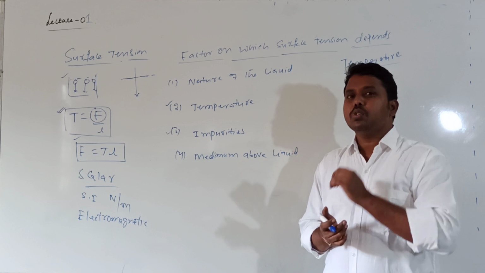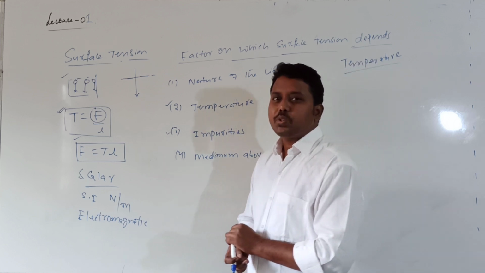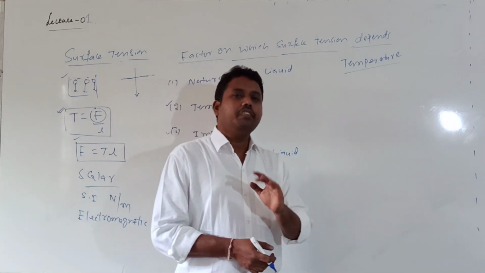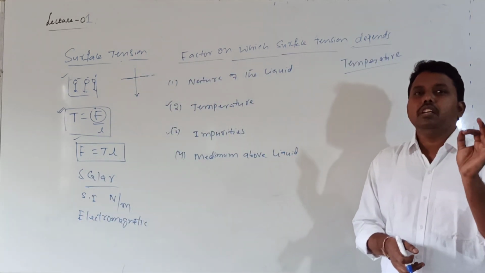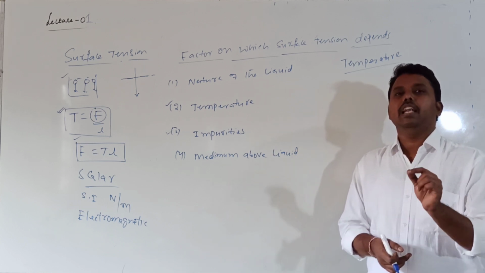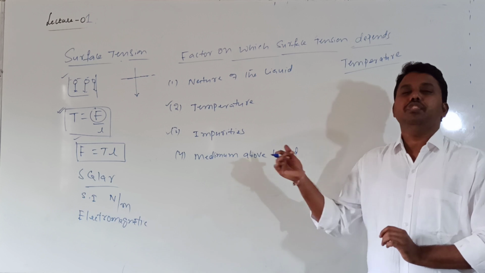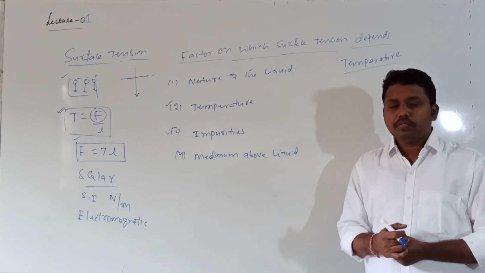Which one obeys the inverse square law? Newton's law of gravitation. Gravitational force obeys the inverse square law. But the surface tension force does not depend upon the inverse square law. Are you getting that? So it is an electromagnetic force, arising because of the interaction of the molecules.